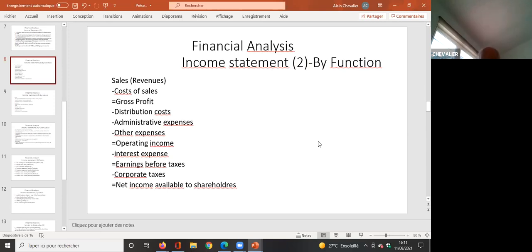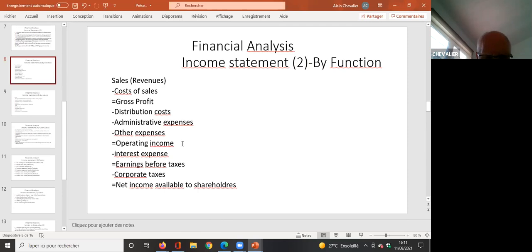Cost of sales, you know, it's quite complex to estimate because it integrates many different elements. Administrative expenses also, but we have a good vision, a good analysis of the different levels of expenses in the firm.